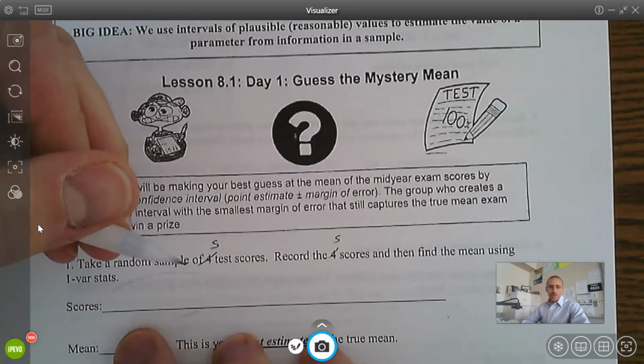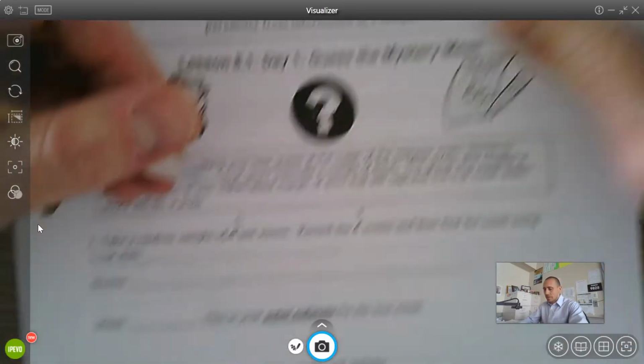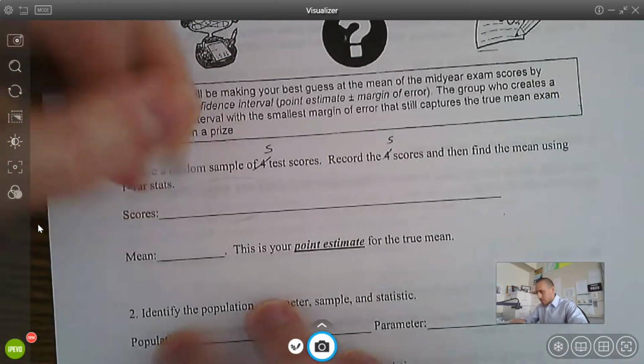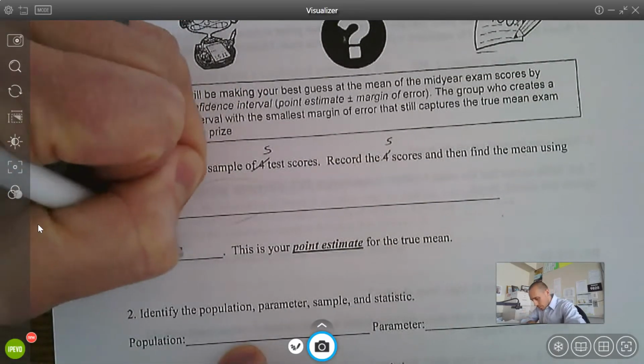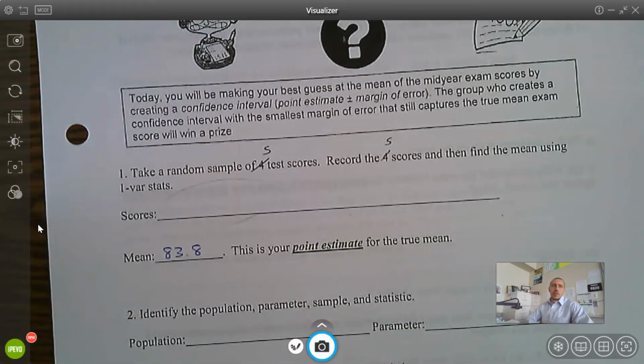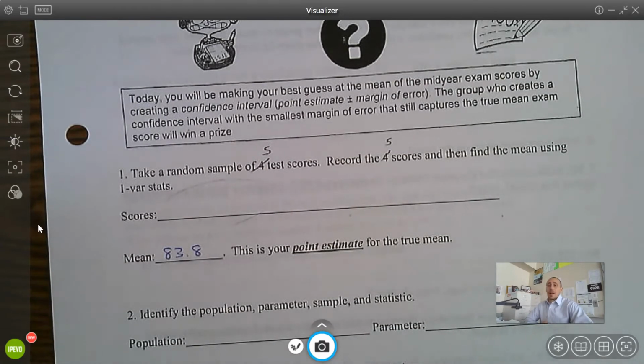All right, so your scores, whatever the scores were from the sheet, and then the average score. You saw me calculate the average score for my randomly selected 5 scores was 83.8. That is my point estimate. Right now, that's the best estimate I have for what the real mean midterm exam score was.